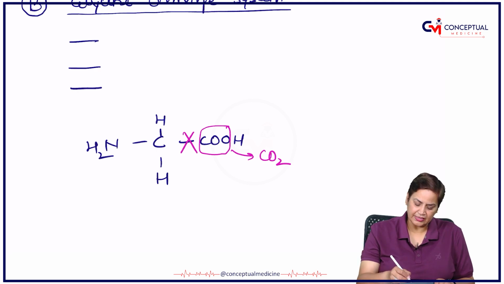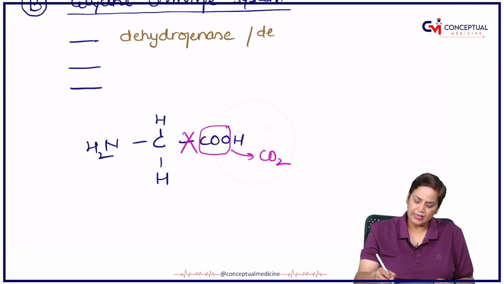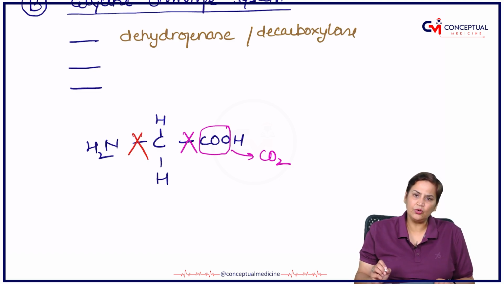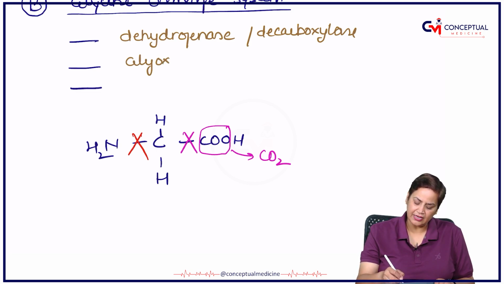So we can say that it is dehydrogenase or decarboxylase. Then removal of this amino group, so it will be simple aminotransferase. We can say glyoxylate or glycine, we can write aminotransferase.